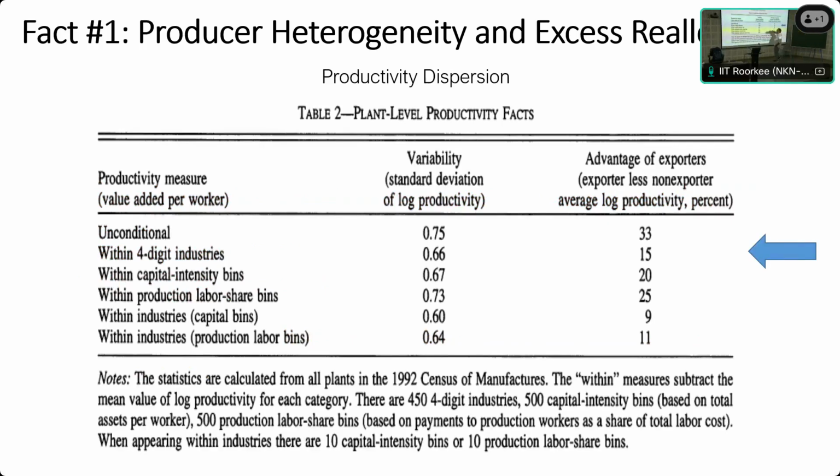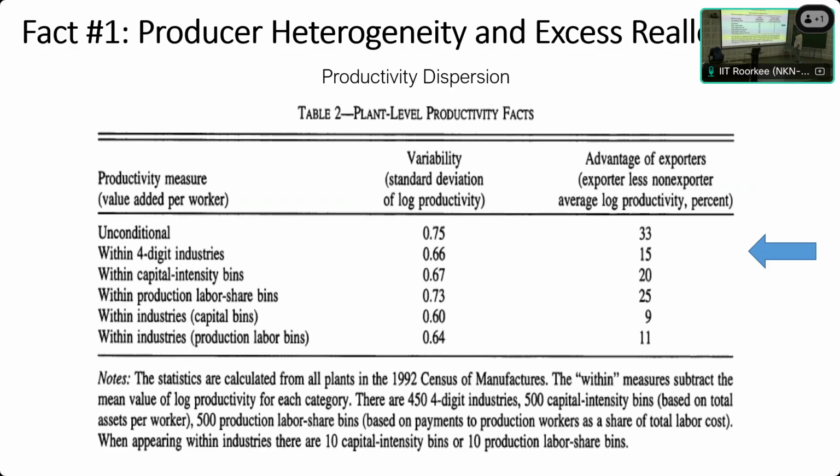Within a 4-digit industry, let's say ISIC 1511, which produces food products which can be stored for long, even within that industry you can see the standard deviation of productivity of firms is 66%. It's huge. Even within industries, there's a huge standard deviation in terms of how firms produce goods.